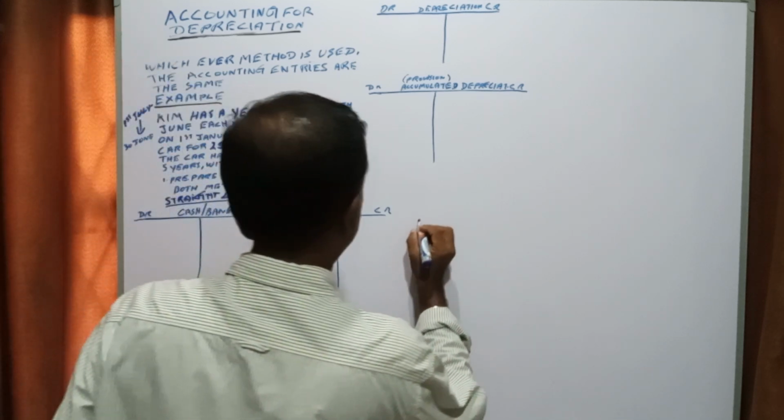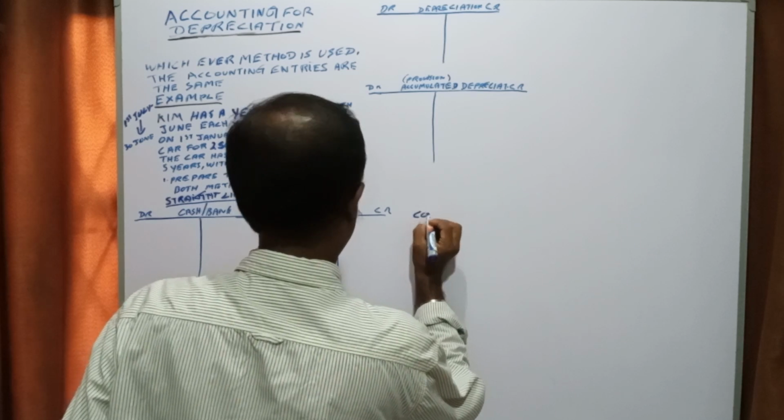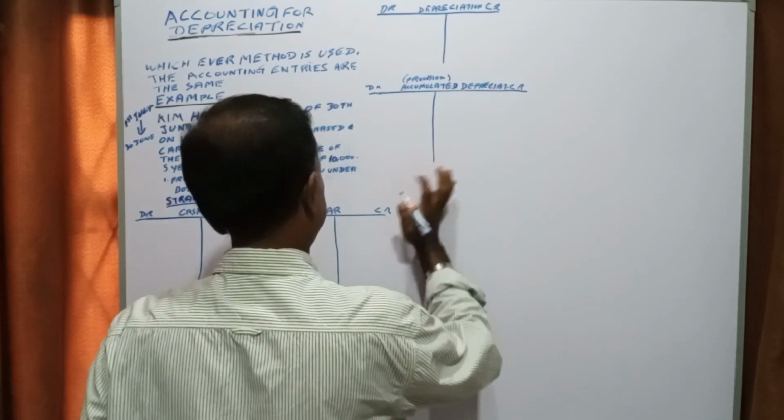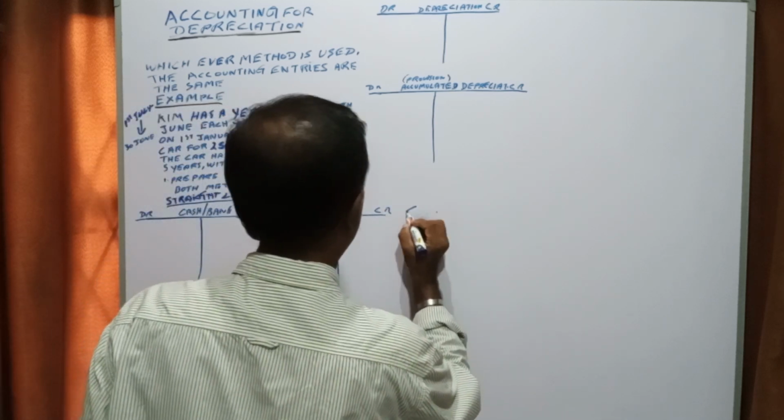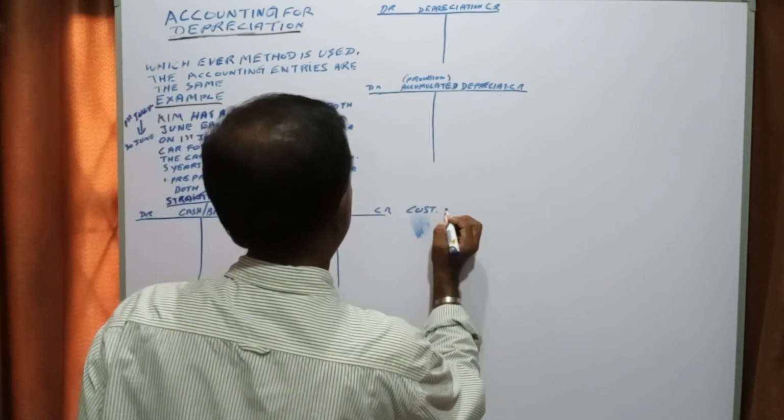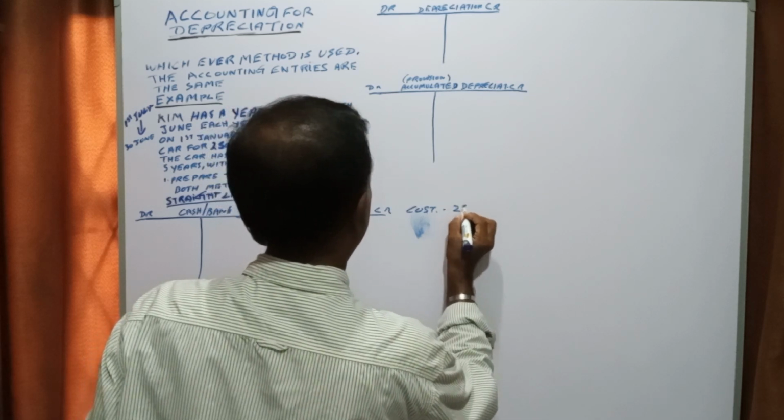Then the second one is cost. Cost is 250,000.